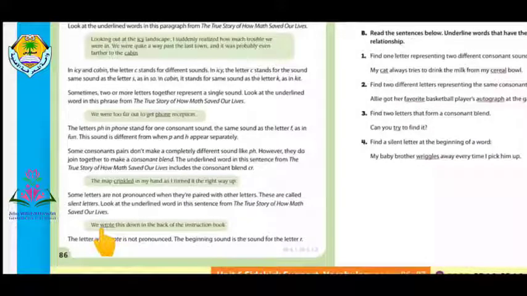We didn't pronounce letter W. We didn't say W. We start with R, wrote. So W here is silent. We wrote this down in the back of the instruction book. So the letter W in wrote is not pronounced. The beginning sound is the sound of the letter R.